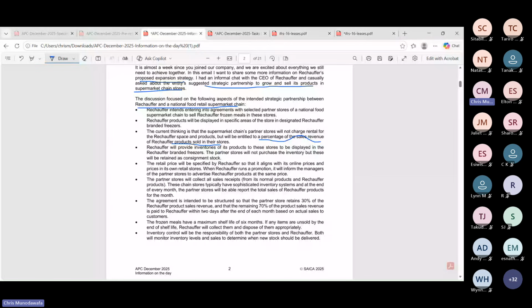Then Richafa will provide inventories of its product on consignment stock. Again, it would trigger an IFRS 15 issue. If it's an IFRS 15 issue, the question is, principal agent relationship here, consignment here.